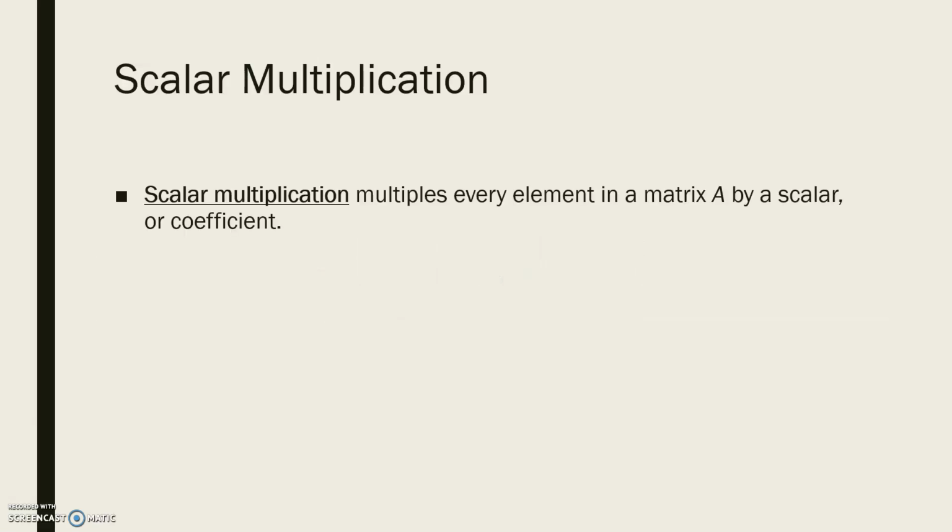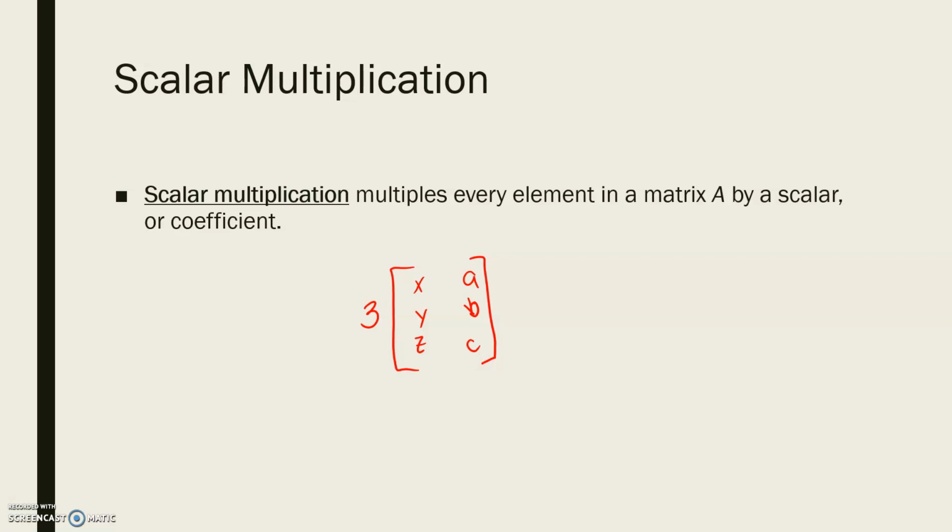So the first kind of multiplication that we're going to look at is called scalar multiplication. Scalar multiplication multiplies every element in a matrix by a scalar or coefficient. So essentially if you have something like 3 times all these numbers, we're going to think of it as the distributive property.